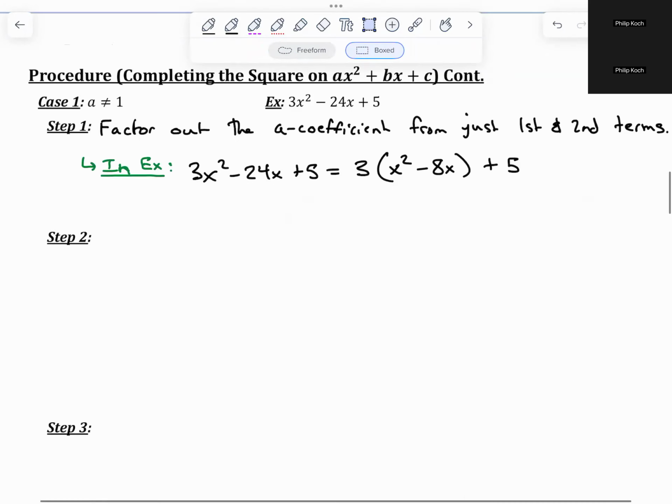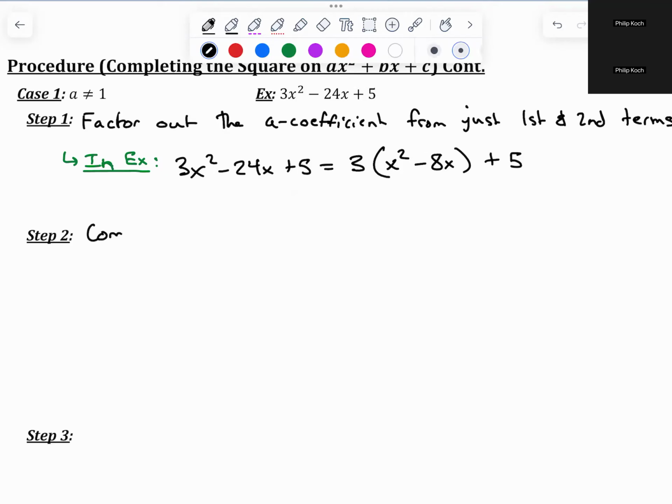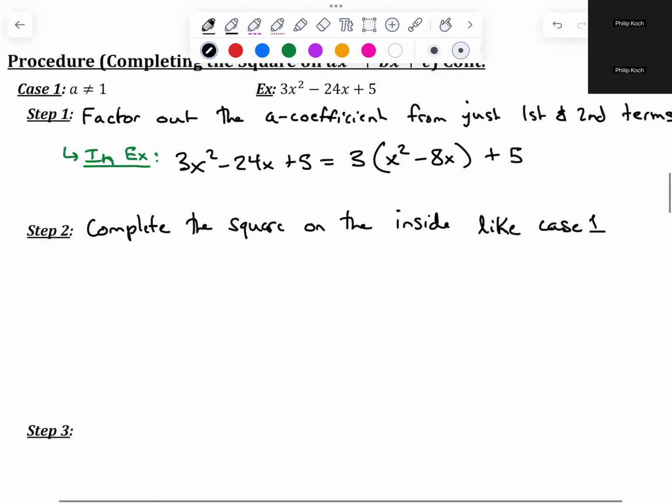That's step 2: complete the square on the inside, like in case 1. When I write "in x," I mean in this example. That's the step procedure in general, but in this specific example, this is what's going to happen.